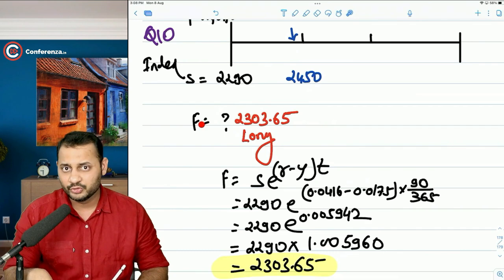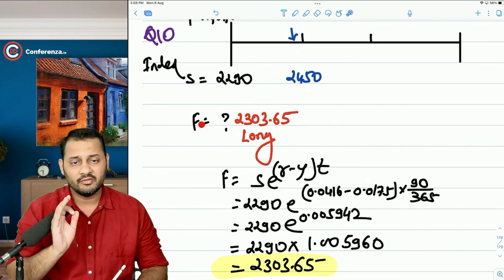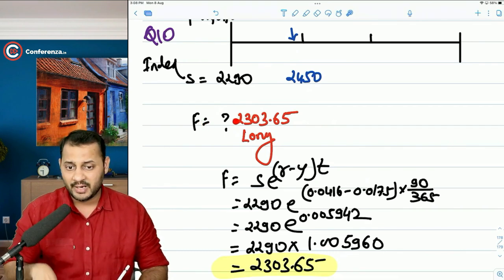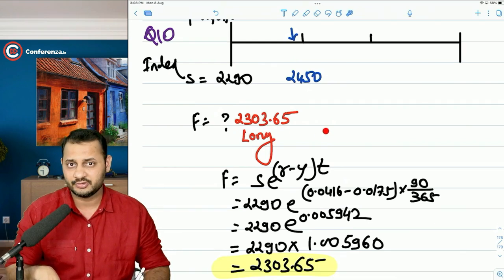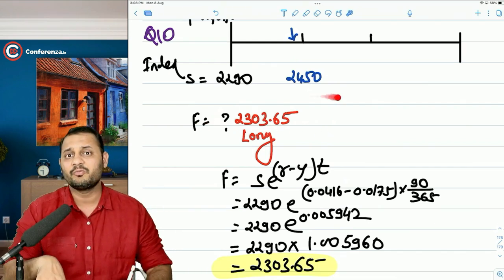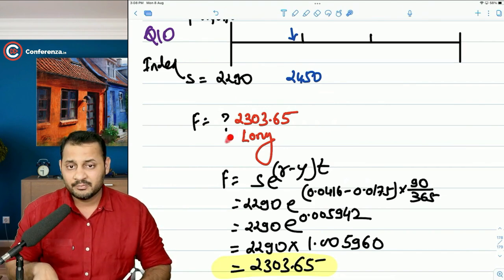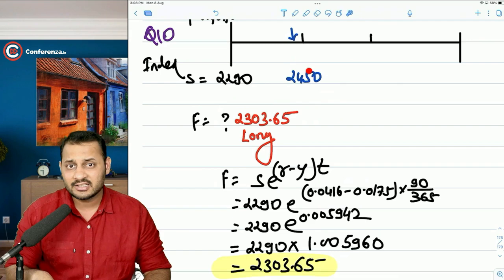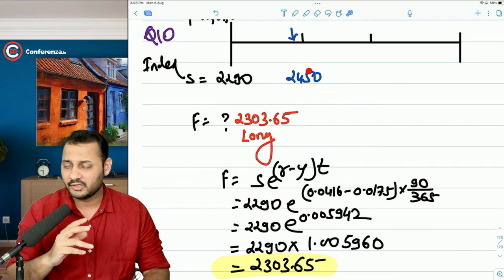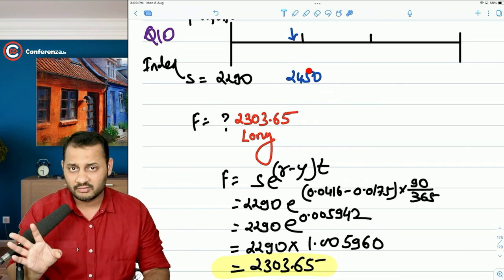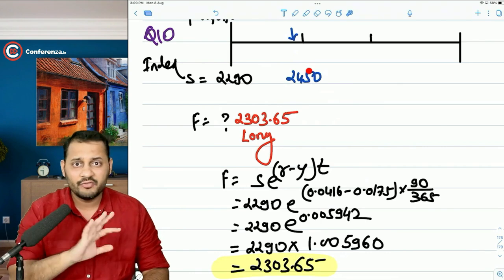If you are buying futures, please be very careful and very clear about one thing. If you are buying the futures, you will sell the futures. If you are buying a Mercedes, you are going to sell the Mercedes to calculate the profit. If you buy the Mercedes and sell some Hero Honda bike or a Honda car, that is not going to give you profit.